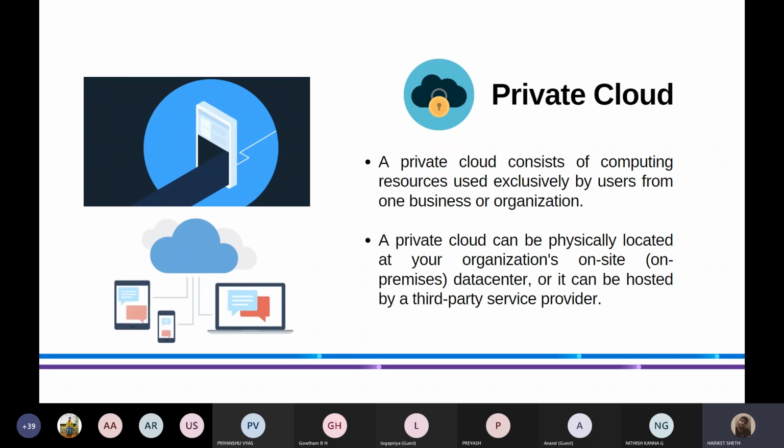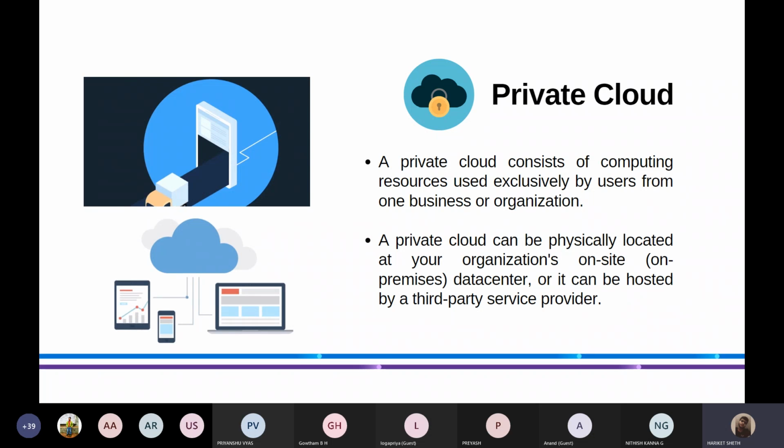Private cloud is based on your role, whether you're a manager or an employee. Based on that, resources would be shared and specific controls given. If you're an employee, you can't delete anything. You can maybe add something, or for specific resources you can edit something. So based on your role, you can access those things.